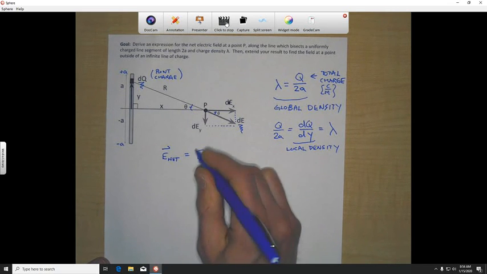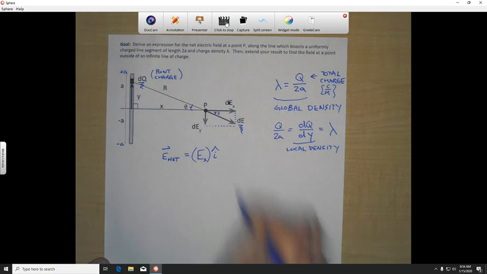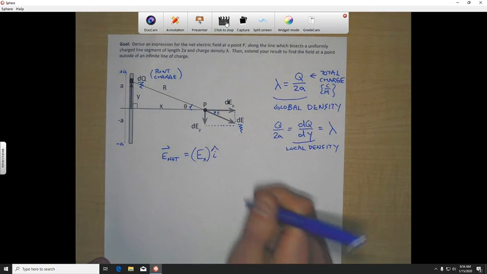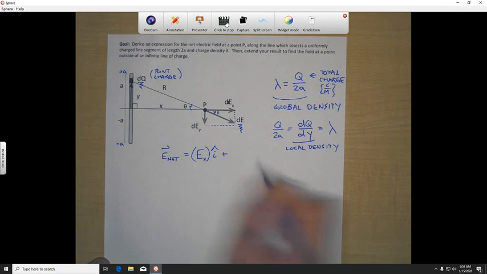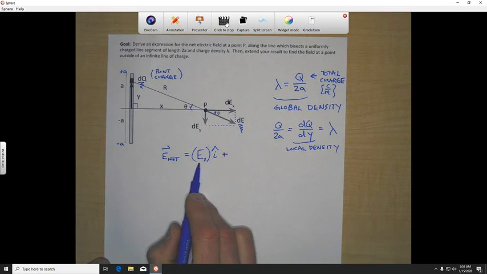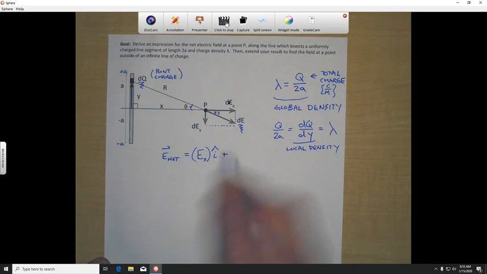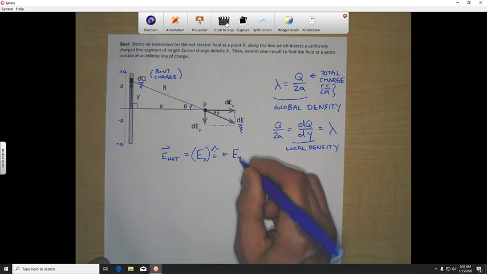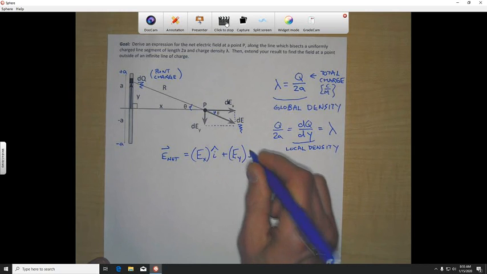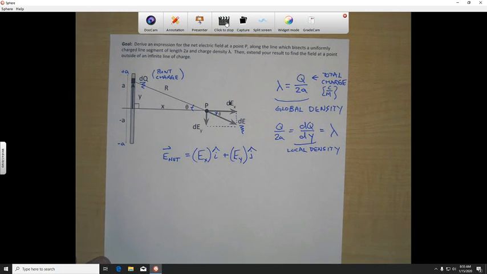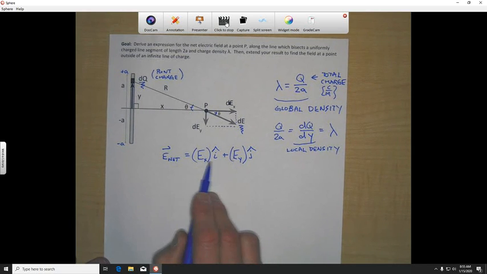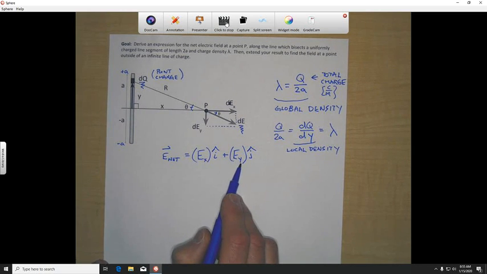And when I write this, I'm going to anticipate that I'm going to have to account for the x component in the i-hat direction, and I'm going to have to account for the y component of the field in the j-hat direction. So the electric field is a vector, and so it's going to have these two components to it, and we're going to basically treat them separately and see if we can come up with an answer separately.